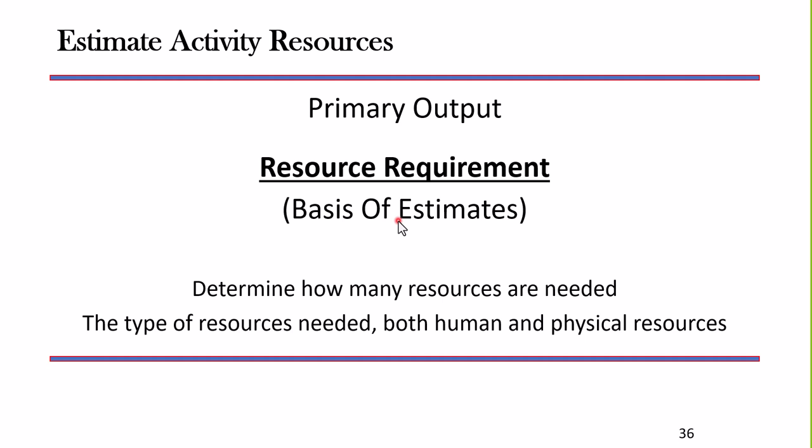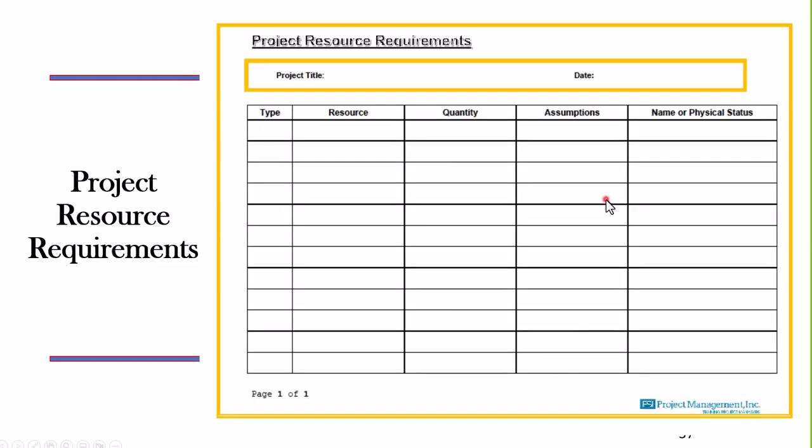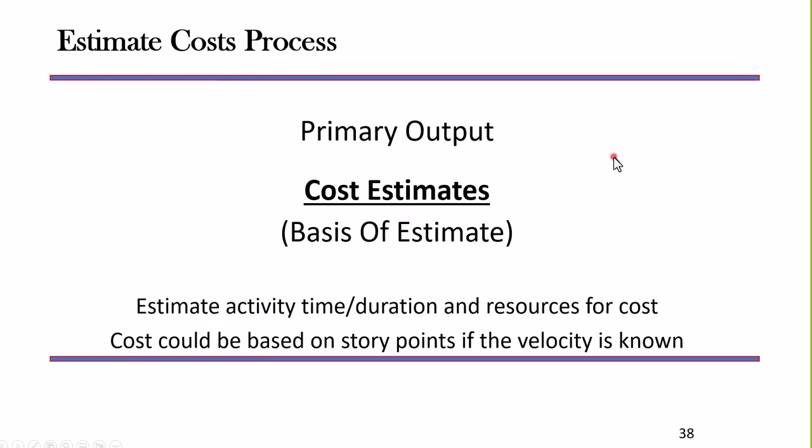So we estimate activity resources, and that gives us the resource requirements. Here we have an example of the project resource requirements: the resource, the quantity, any assumptions, and the name or the physical status of those resources.